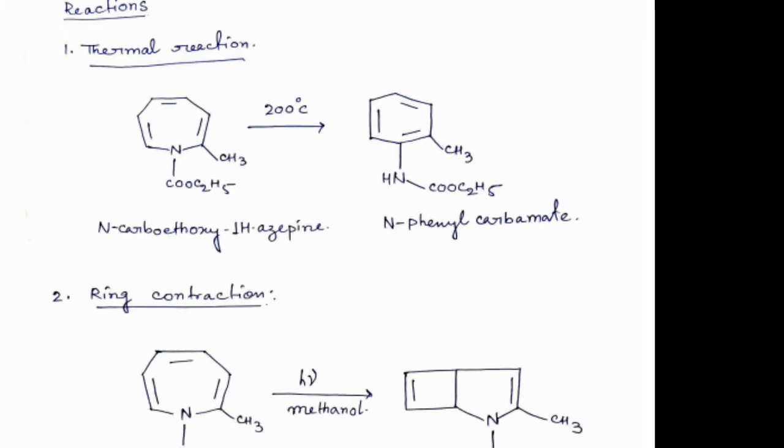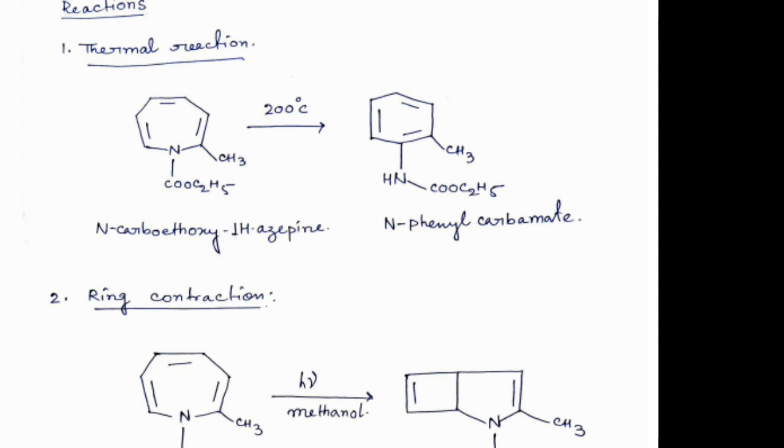Now these are the properties of azepine derivatives. The first reaction is the thermal reaction. This is not actually azepine, but a specific derivative of azepine, that is N-carboethoxy 1H azepine. It also represents the 1H tautomer.